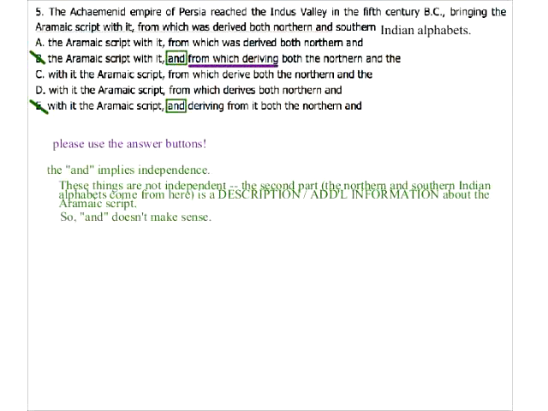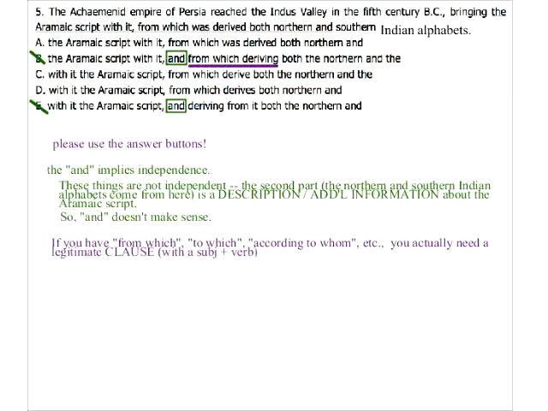So you have "from which" or "to which" or "according to whom," etc. You actually need a legitimate clause with a subject and verb. That's what makes something a clause.